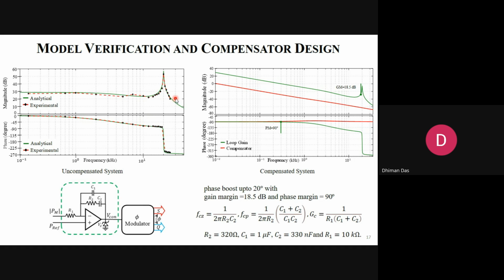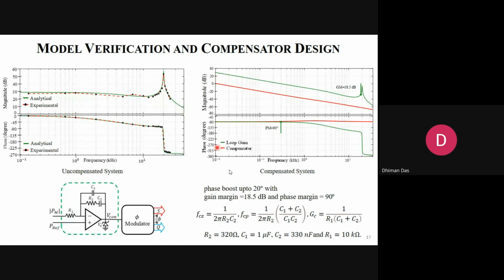So when you get the result, you can just plot it over the existing plot using MATLAB, and in this way you can verify whether your modeling is correct or not.